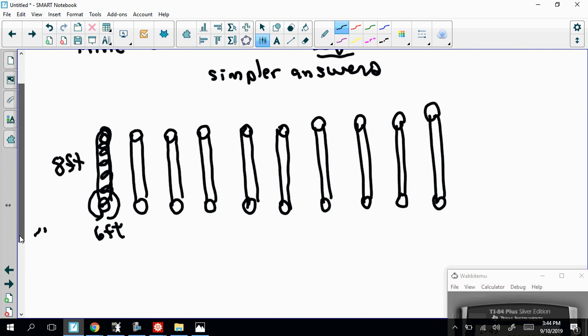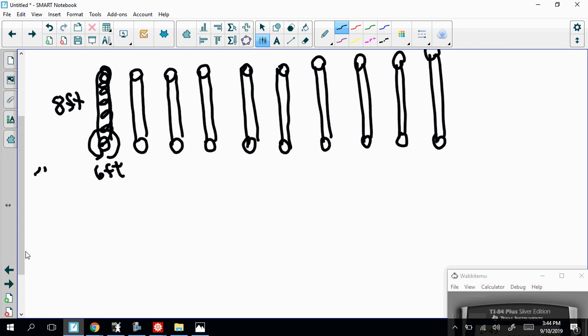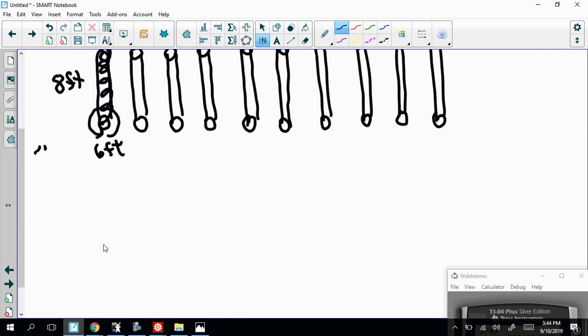Okay, now we're getting somewhere. Everybody knows that he went around 8 times. So 48 feet for sure, right? But he was stretching it 8 feet.